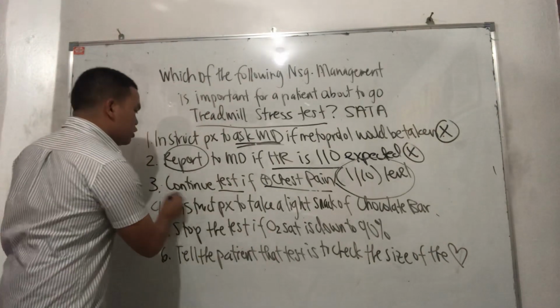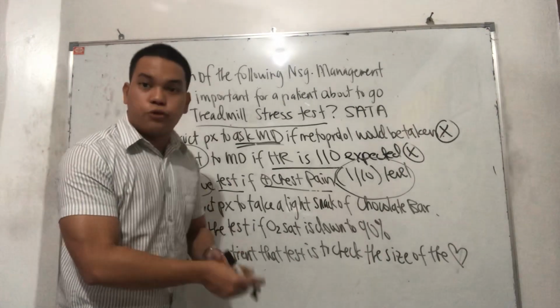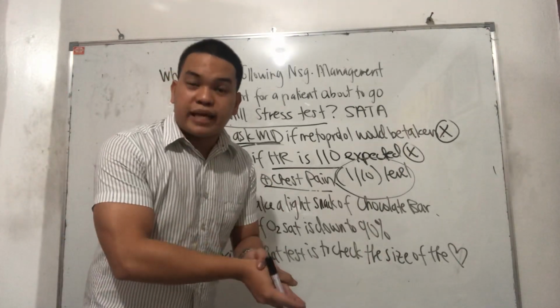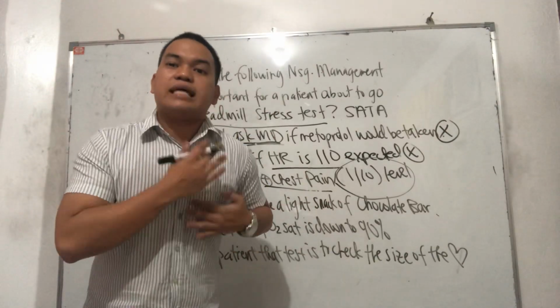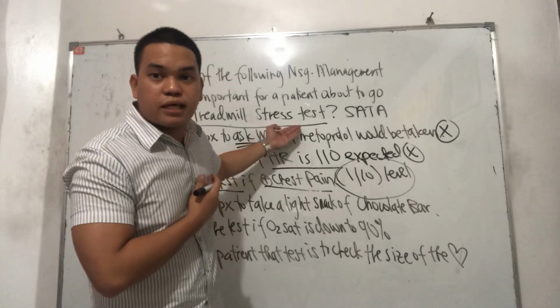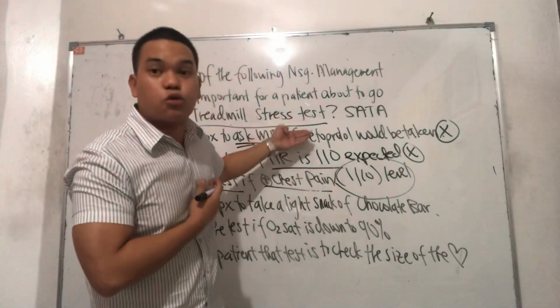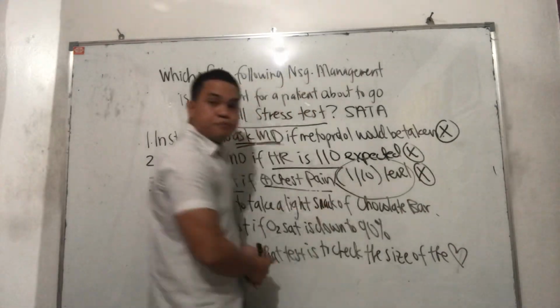Therefore, continue is wrong, because you don't need to continue. Rather, you should stop the test because there's chest pain. If there's chest pain, it means that the heart has difficulty functioning with respect to the treadmill stress test, which is significantly related to the activity level. Therefore, this option is also wrong.